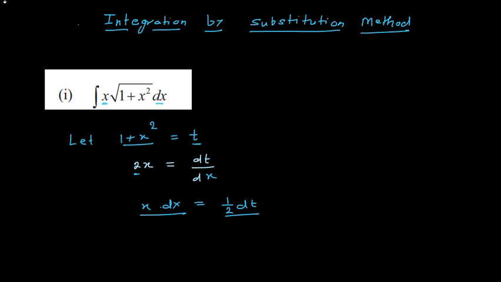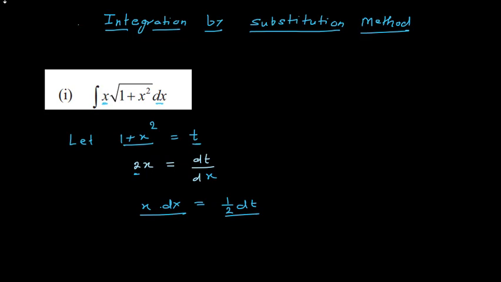You only check whether the derivative in terms of the variable is present. For x square, the derivative x is present, so you substitute this whole part, 1 plus x square. If you substituted x square instead, you could also solve the problem. Here I have substituted 1 plus x square.